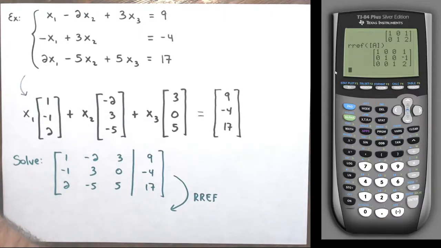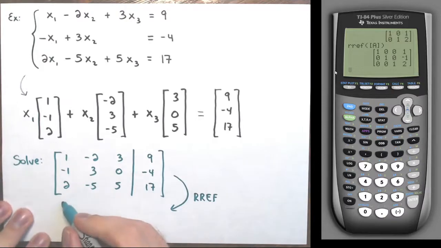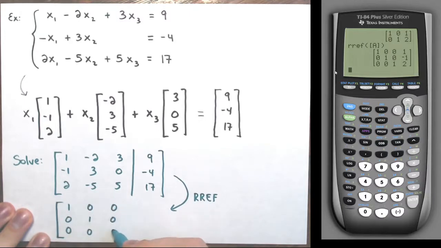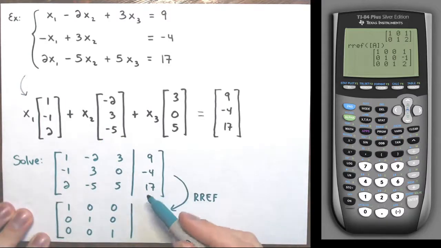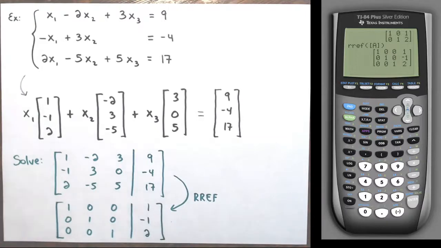And there you go. Here it is in reduced row echelon form: 1, 0, 0, 0, 1, 0, 0, 0, 1, a little bar, and then 1, -1, 2. They don't have the bar in the calculator, so you have to remember where the equal signs are. Hey, look, this corresponds to a solution.